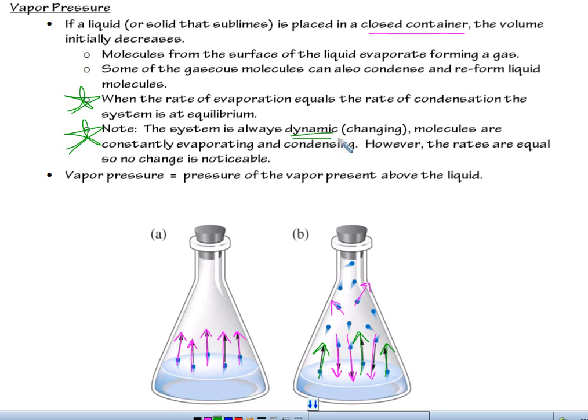Now, just because we don't notice a change in volume doesn't mean that the particles aren't doing this evaporation, condensation thing. But when they're doing that at the same rate, we don't notice the change in volume. Dynamic means that the particles are still changing phase. Dynamic equilibrium means that they're changing phase at the same rate.